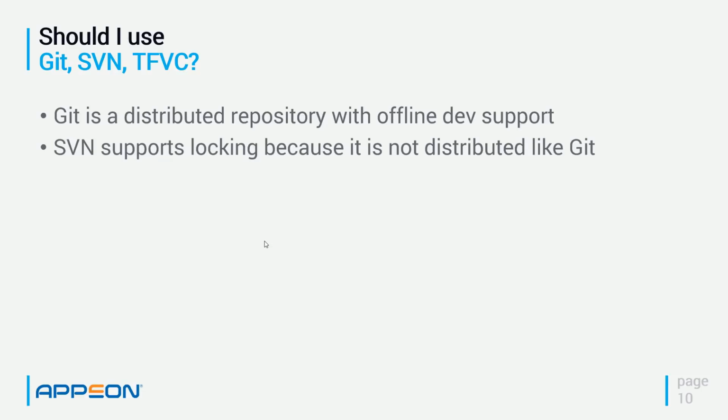Subversion does. And the reason you want to look at locking is if you want to avoid merge conflicts. You don't want two developers both working on the same object at the same time and checking in their changes one after the other, and whoever's the second one in ends up with a merge conflict because they've got some overlapping changes.